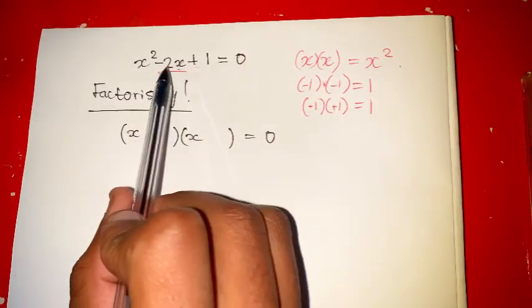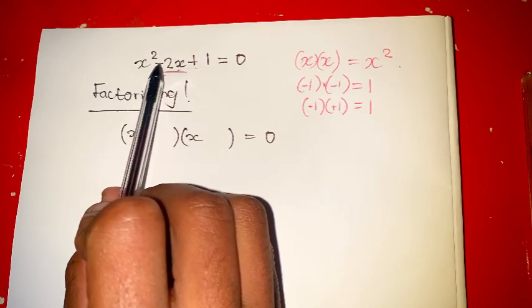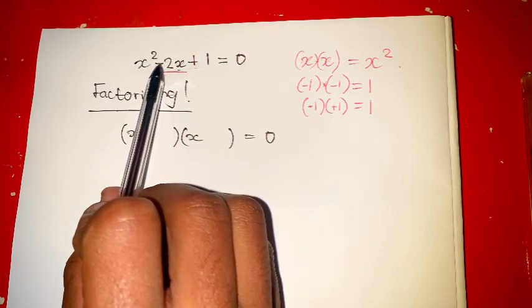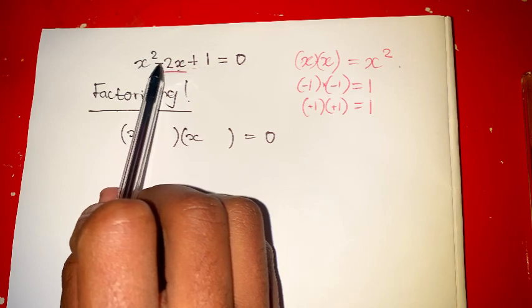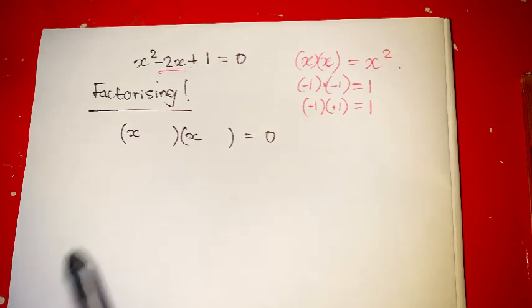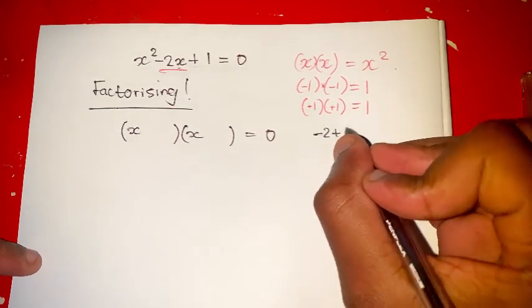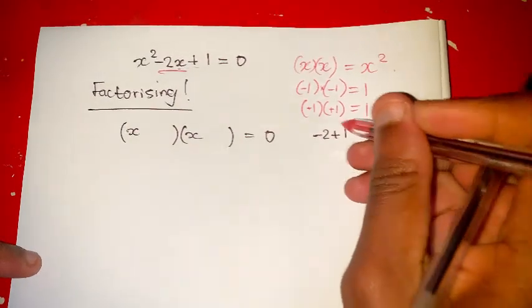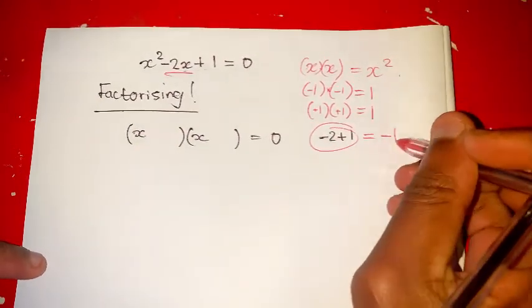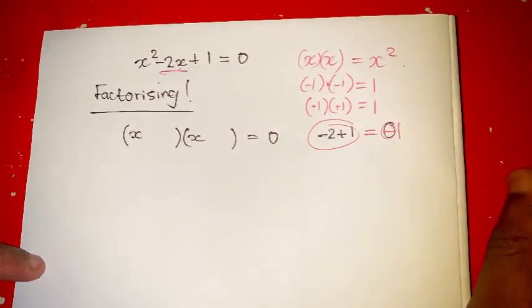Looking at your middle term, you can see that it has a negative. So it having a negative, it tells you that something was added up, and whatever that was added, it gave a result of a negative. So if you have -2 plus 1, the result is a negative.